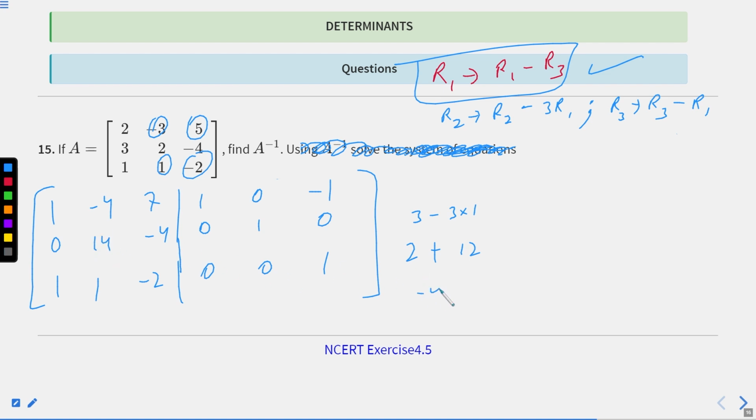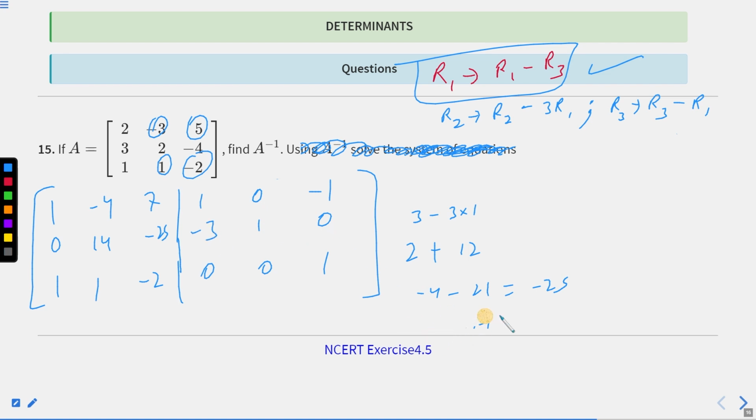Now minus 4 minus 3 times 7, which is 21, so this will be minus 25. Clear? Now 0 minus 3 times 1, you will have minus 3. This will be just 1.